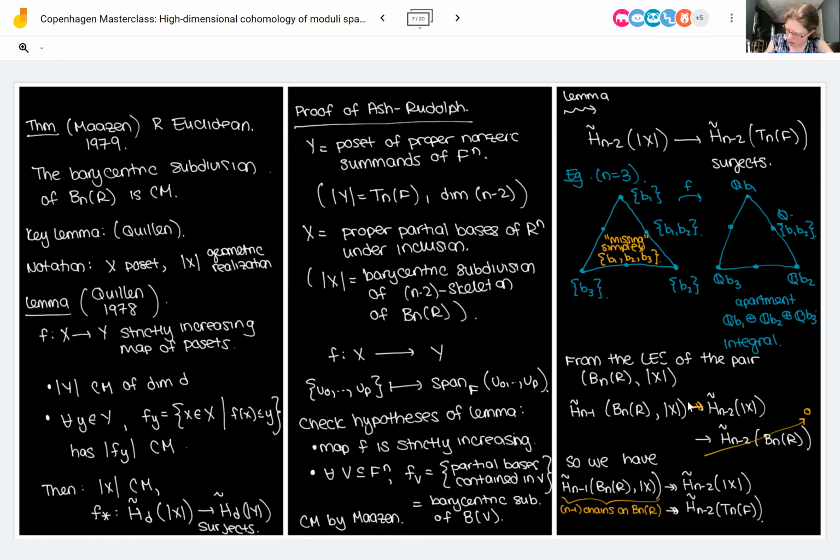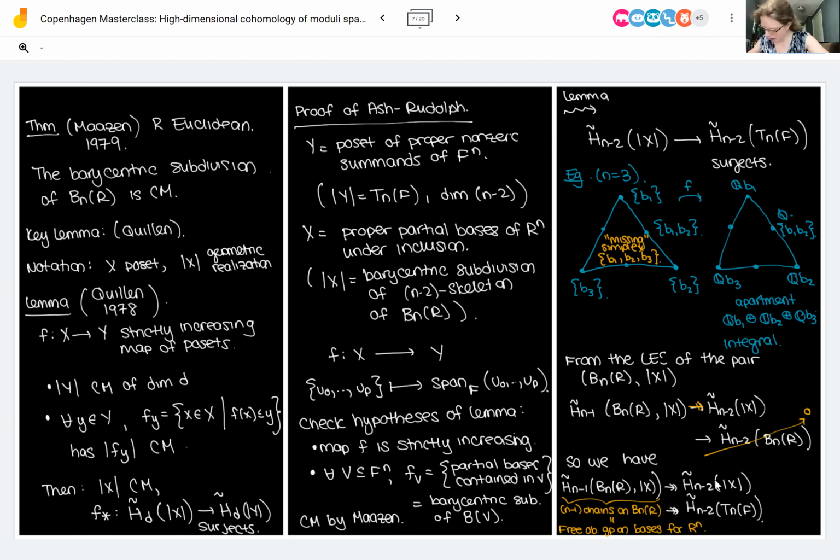But those n-1 chains, that's exactly the free abelian group on bases for R to the n. Okay. And so that's great.